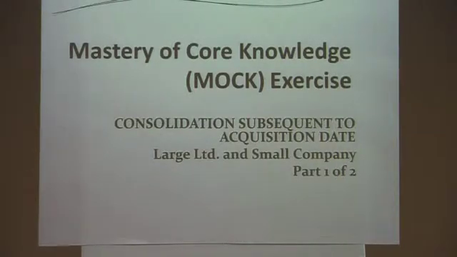Okay, so this mock exercise deals with consolidation subsequent to the acquisition date. We're going to take a look at a question where Large purchased 75% of Small on January 1st, year one, and paid $600,000, when Small's statement of financial position showed common shares of $400,000 and retained earnings of $100,000.